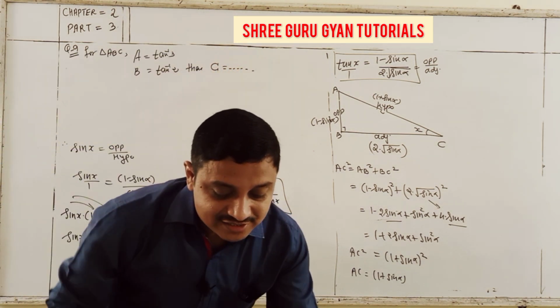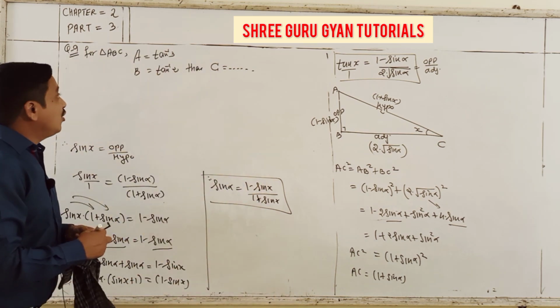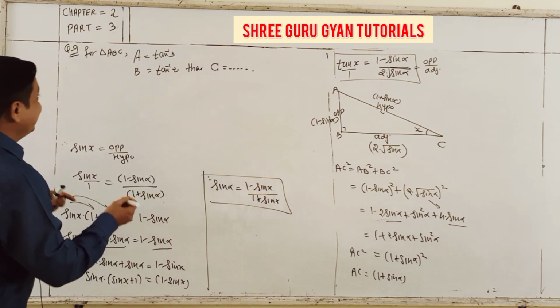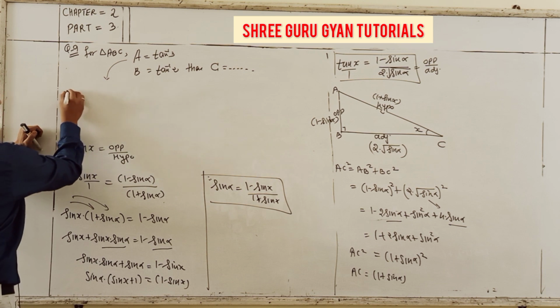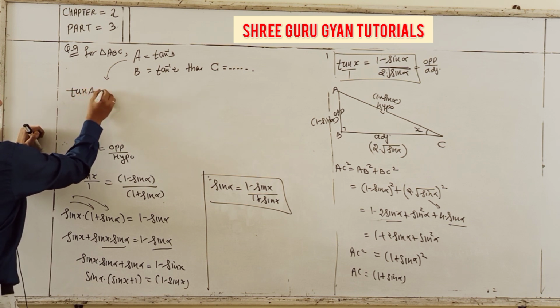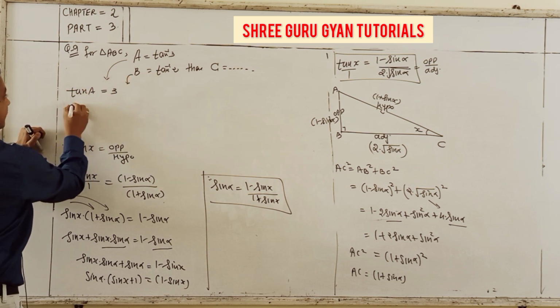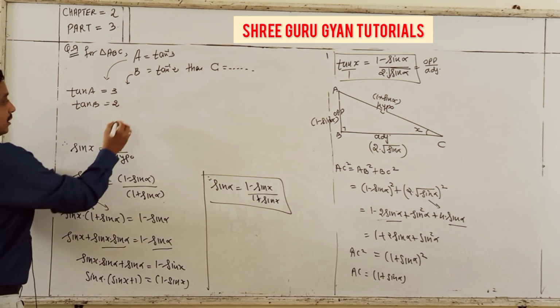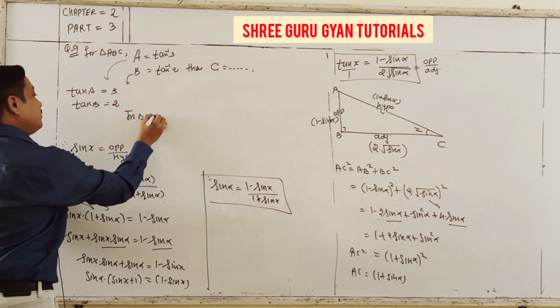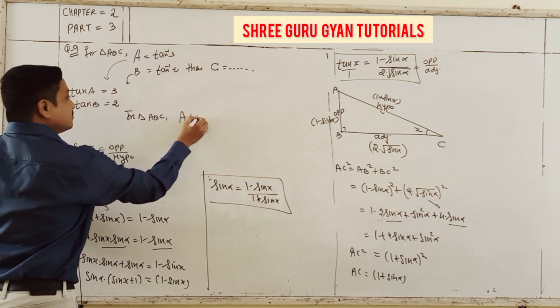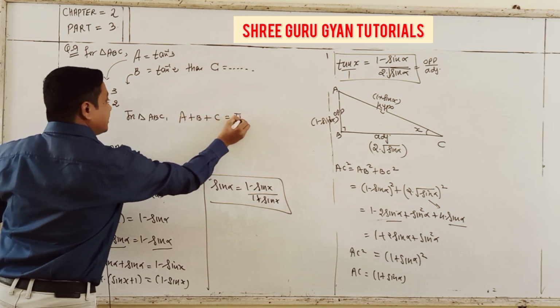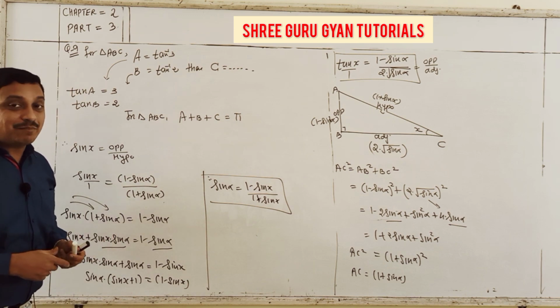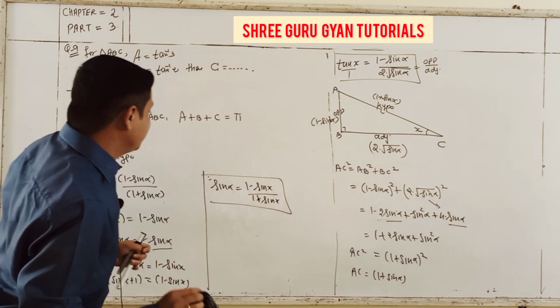So you know that triangle property, addition of all is 180. So these are declared. Tan A is 3. These are declared, tan B is 2. Now in a triangle A plus B plus C, you know which is pi, I mean 180 degree.